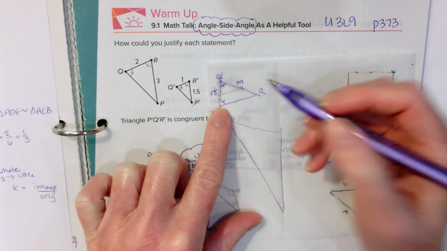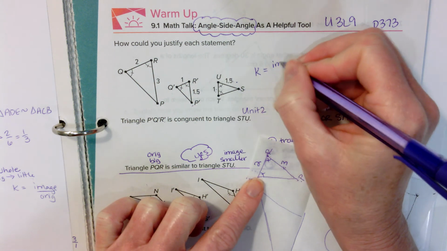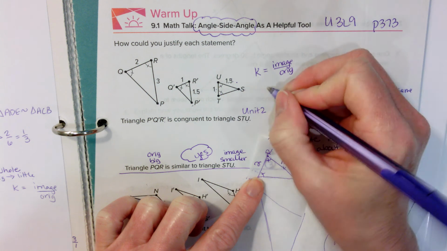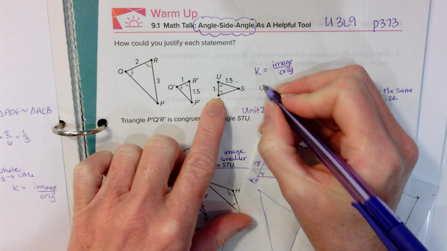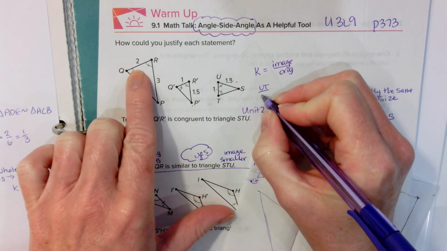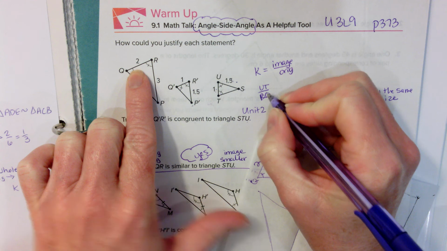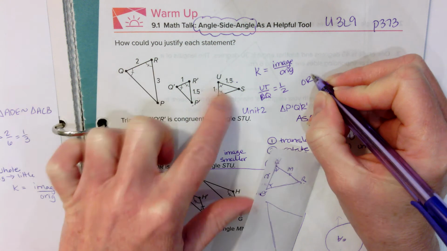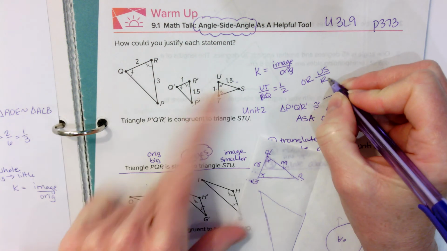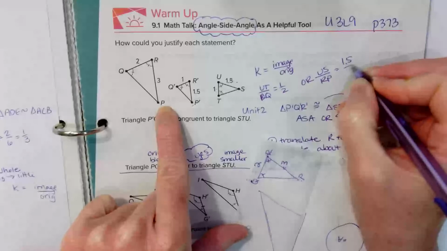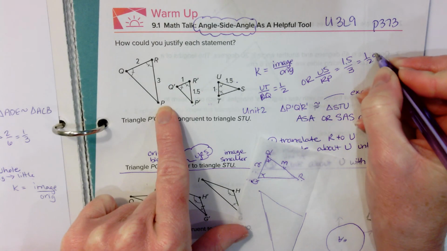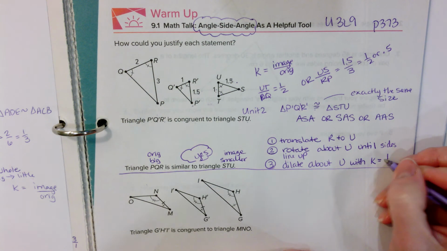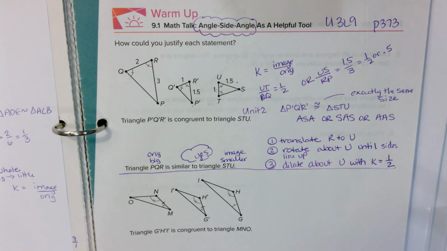If I think about my scale factor as being the image side over the original, it works whether I think about this as UT over RQ, which would be 1 over 2, or US over RP, which is 1.5 over 3, which is still 1/2, or most of us would think about that as 0.5. So in order to get smaller, I would have to use a scale factor that's between 0 and 1.